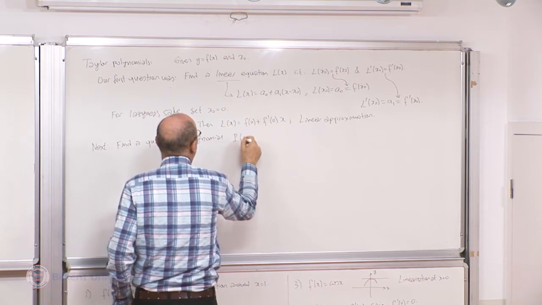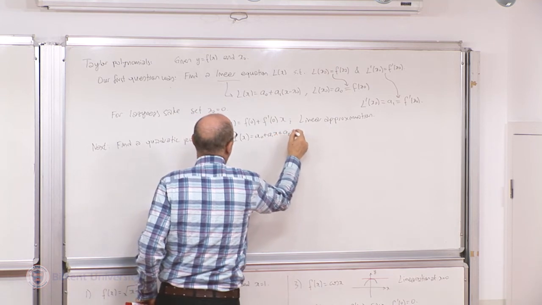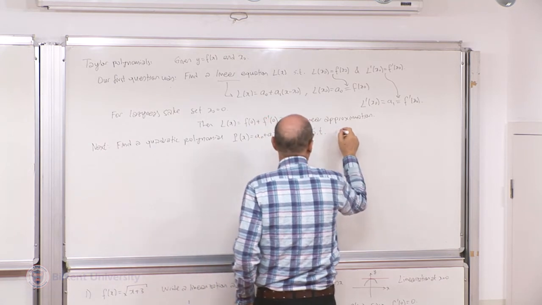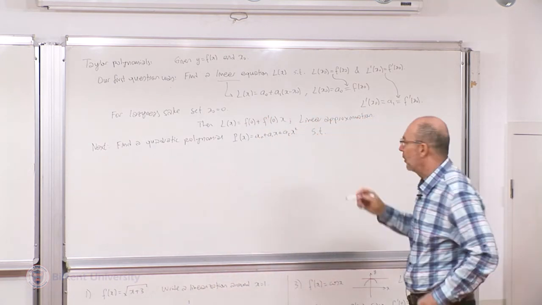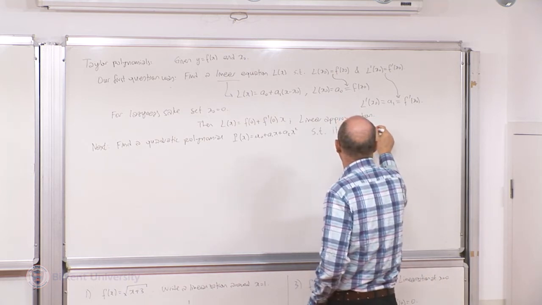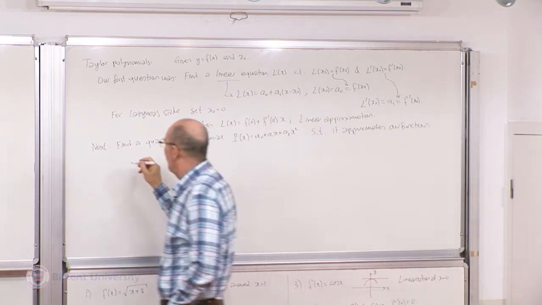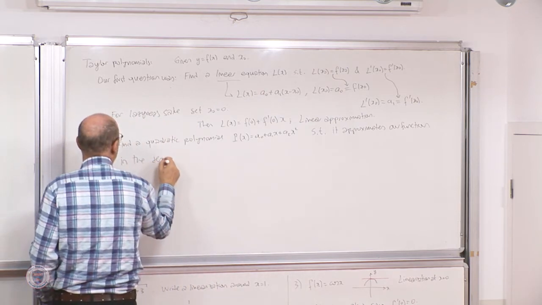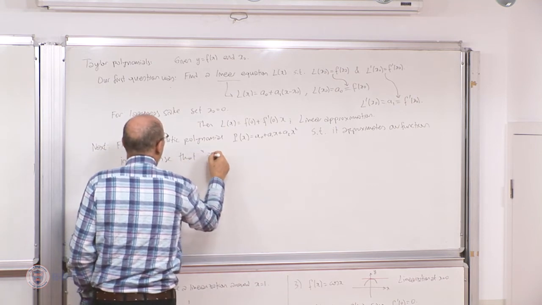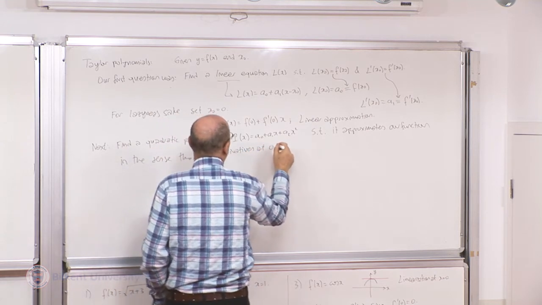Let's write P(x) equals a0 plus a1 x plus a2 x squared, such that it approximates our function in the sense that all derivatives at 0 agree.